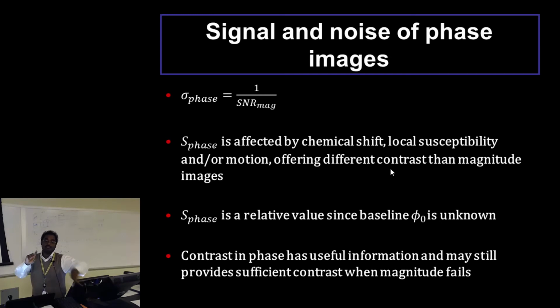So like we said, they get in phase and out of phase, right? So if you have a fat and a water voxel, fat would be precessing, let's say, slightly faster compared to water.